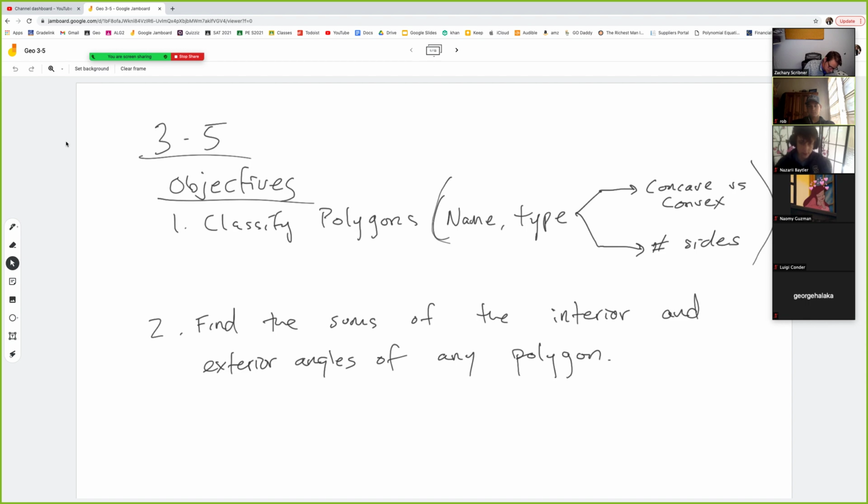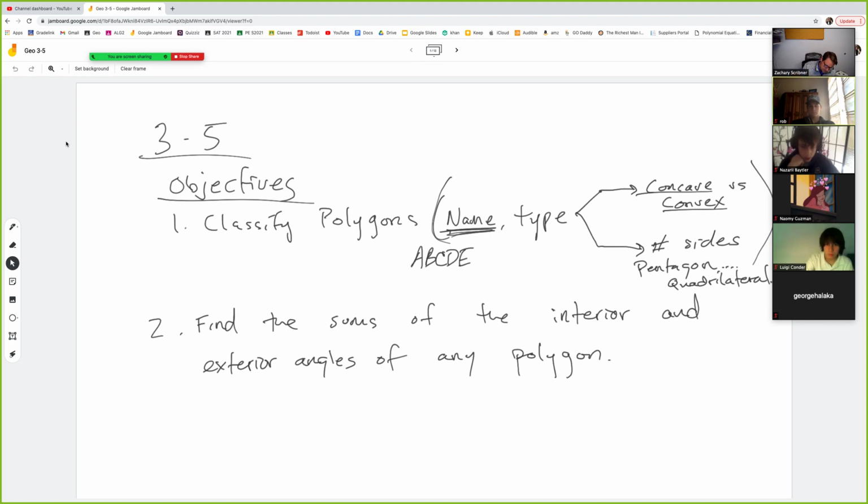You've got to be able to name it, like A, B, C, D, E. And you've got to be able to say whether it's concave or convex. And you've got to be able to say whether it's a pentagon or a quadrilateral. Those are the different things that you've got to be able to do in terms of classifying polygons.